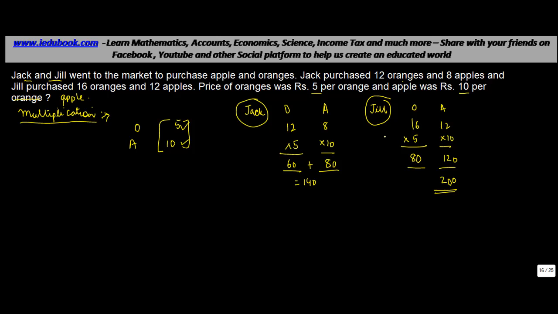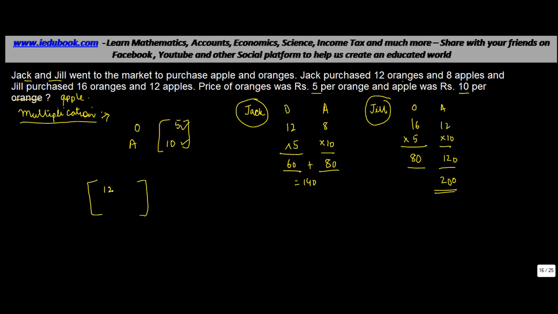Now, whenever you have to compute these calculations, you can also use matrices to do them. How do you do that? You will form a matrix wherein you put down what they purchased, the kinds of fruits. So what did Jack purchase?